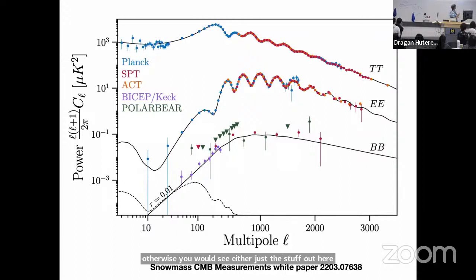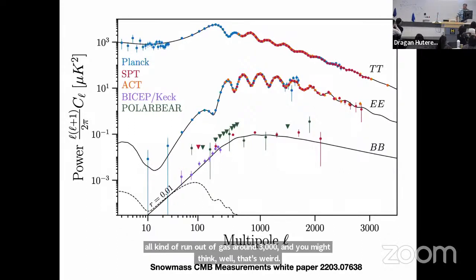You can see some of the weirdness that's going on, where people want to argue about whether there's problems there. But the thing that you should get out of a plot like this is that the temperature spectrum is measured extremely well. There are error bars on these points, but you see they all kind of run out of gas around 3,000. And you might think, well, that's weird. Why do they all run out of gas at 3,000?